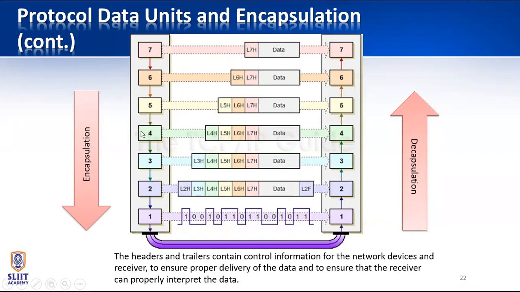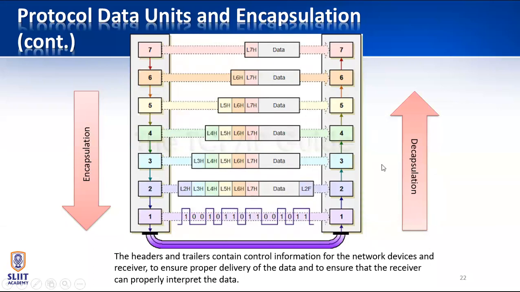So adding headers is known as encapsulation. And when you send it to the recipient, in this picture you can see data will be sent from the left hand side to the right hand side. So this right hand side host is the recipient or the receiver. The data packet is sent towards the application layer, and that process will read the control information from each and every layer and it will be removed.